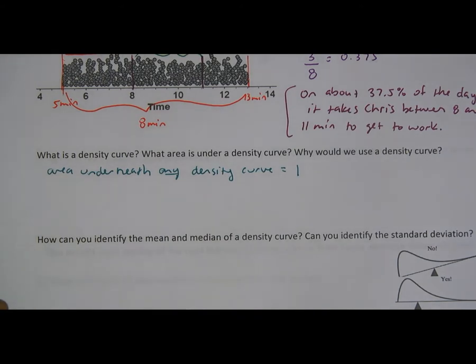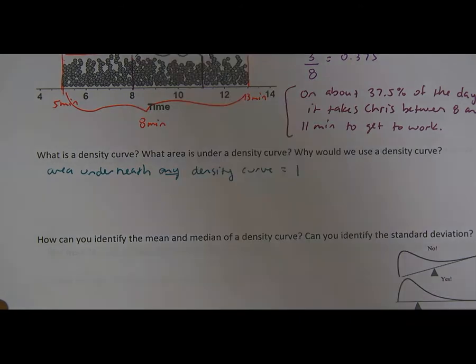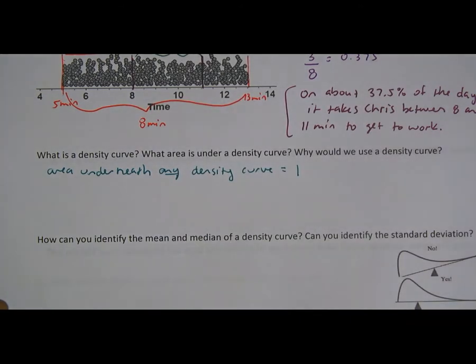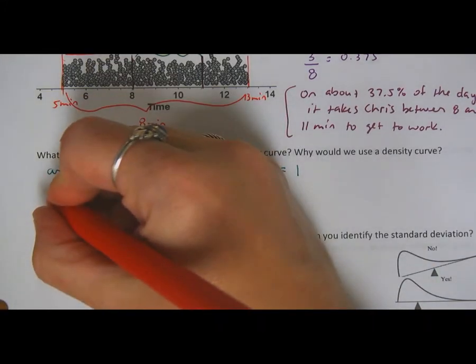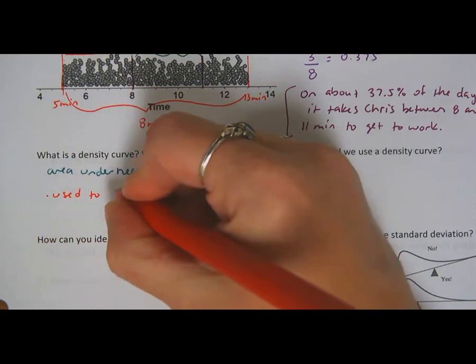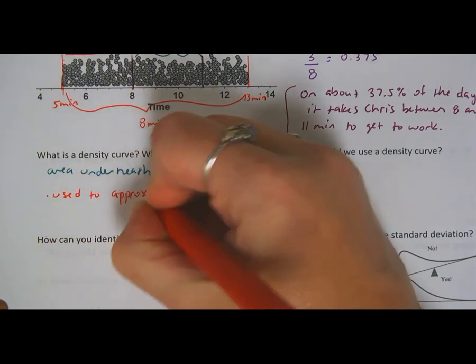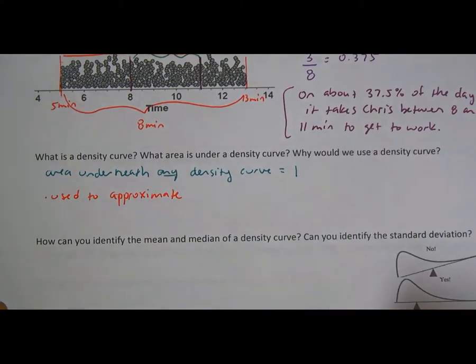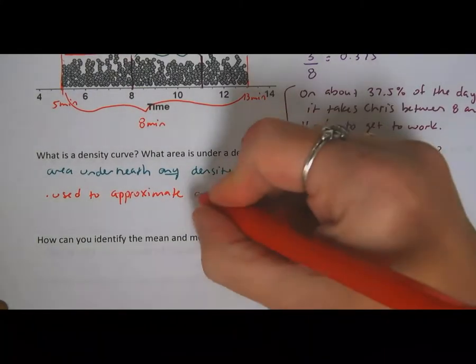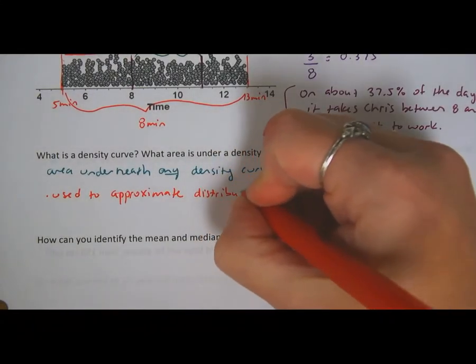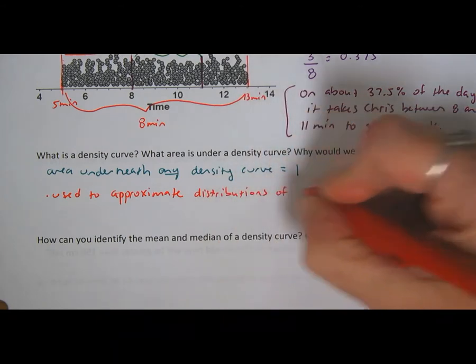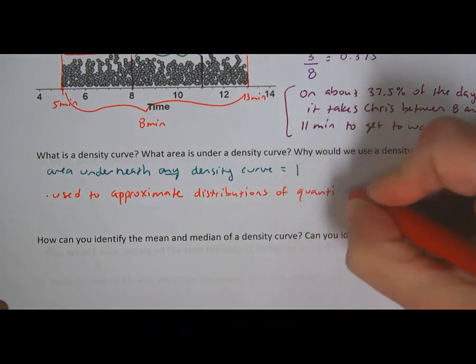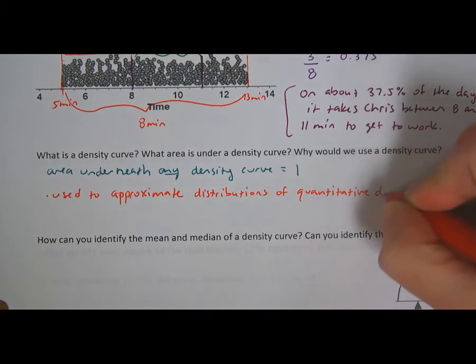I'm talking about skewed left, skewed right, uniform, bell shape. Any density curve has an area underneath of 1. That's really important. Okay, well, why would we use these? They are used to approximate distributions, kind of like we did at the top of the page, specifically of quantitative data, numeric data.